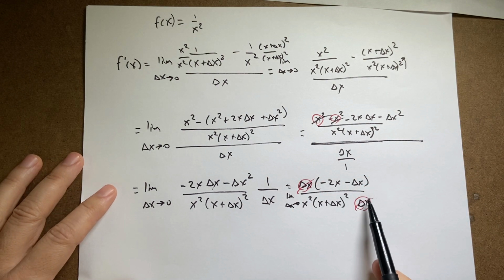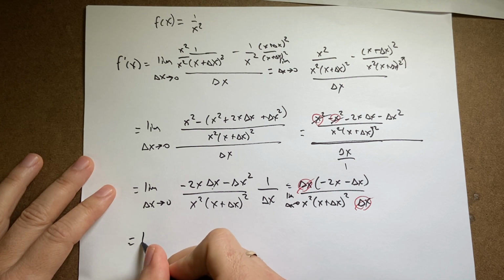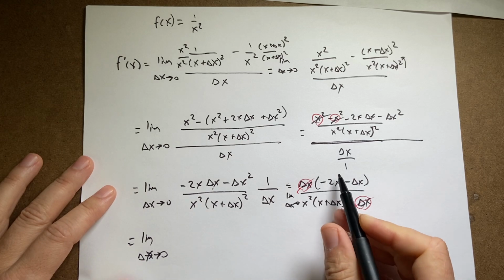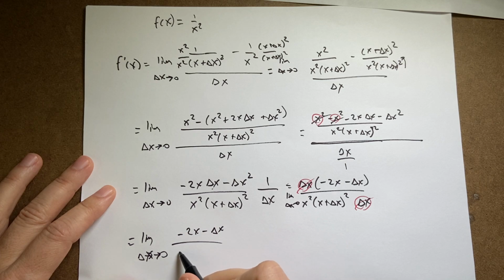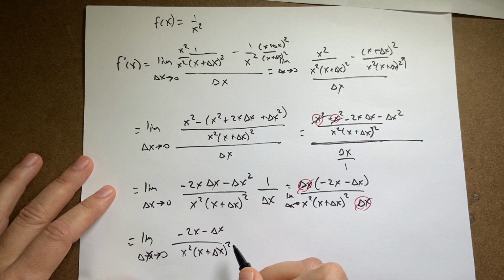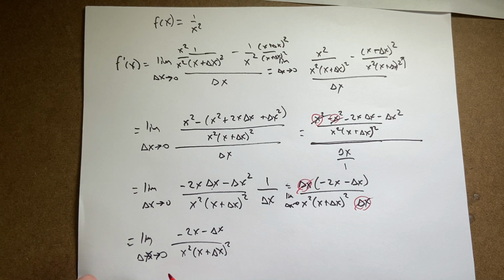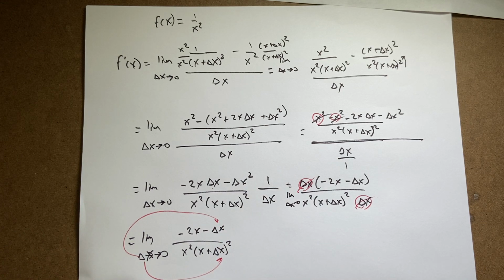Sorry. Now I have the limit as delta x goes to 0 of negative 2x minus delta x over x squared times x plus delta x squared. What if I put in delta x equals 0, and I don't get 0 over 0 or something over 0? Then I'm cool. That's fine, I did it.